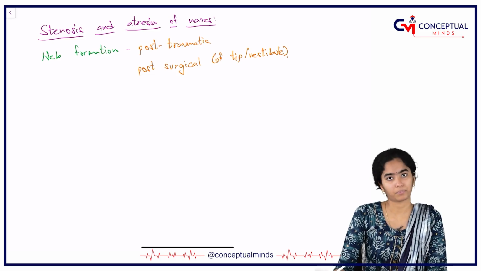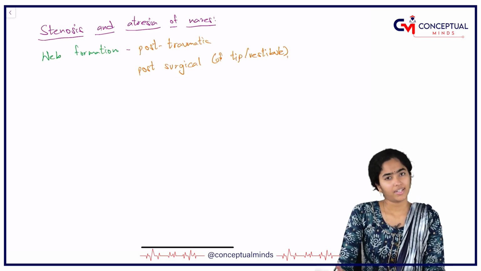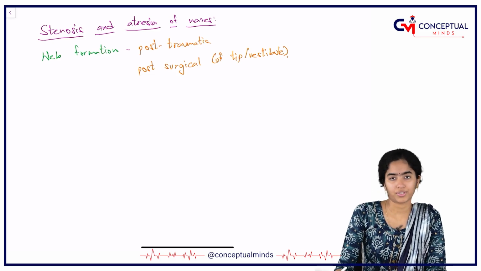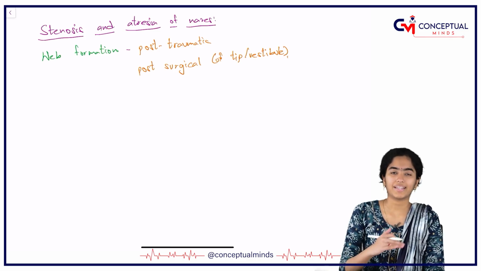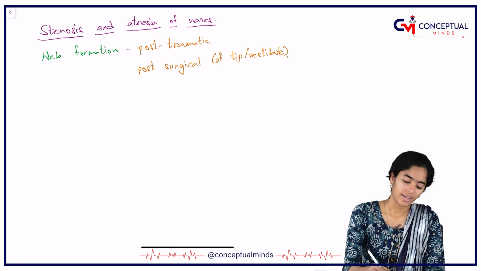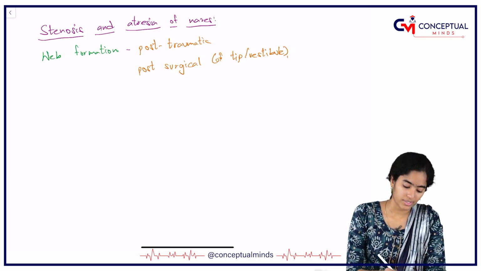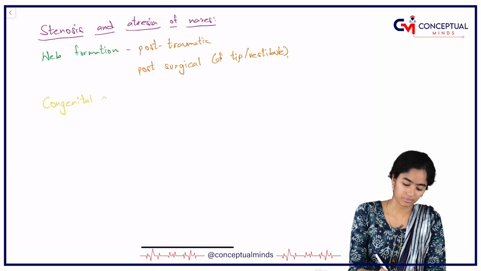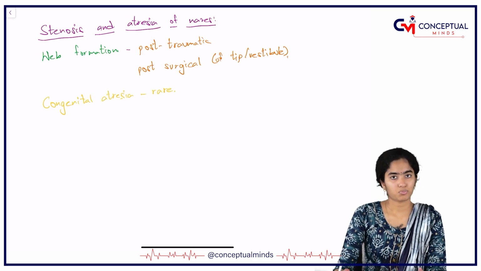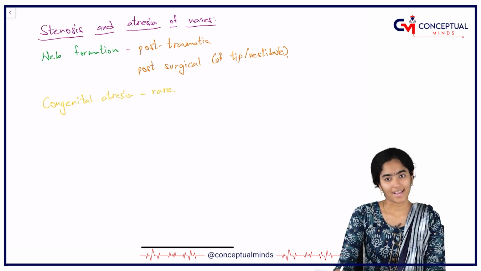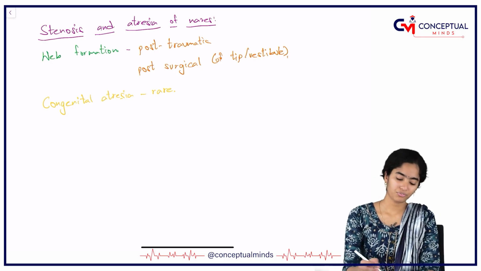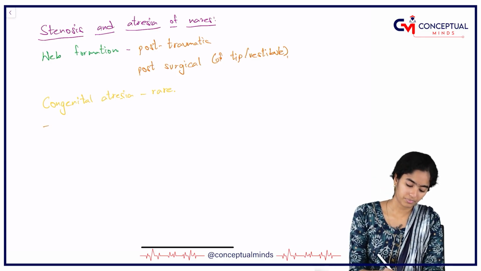Stenosis can occur. And very rarely congenital atresia of the nares can also occur. Proper recanalization does not happen, and that leads to congenital atresia, but it is quite rare. This will lead to nasal obstruction, absolutely. So it has to be treated by a reconstructive plastic surgery.